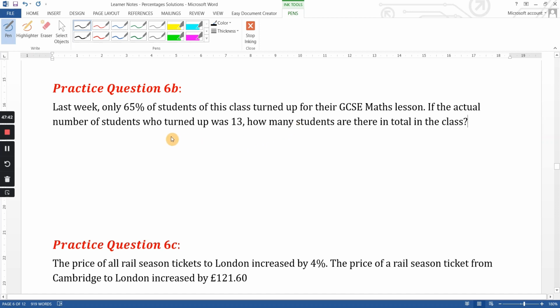If the actual number of students who turned up was 13, so this 13 represents 65%. Yeah, so we've got 65% of the original. Yeah, because 100% haven't turned up. Only 13 have turned up, which represents 65% of the class. So 65% equals 13 students.